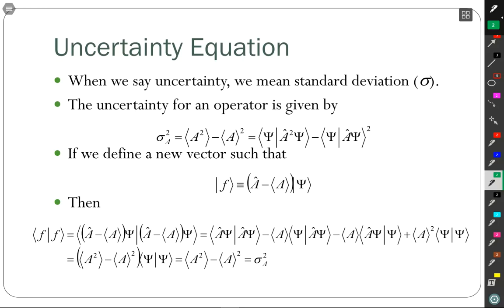So we start with, let's just take the definition of uncertainty, which is the standard deviation, which is what Chad said. It is related to expectation values by this relationship. The uncertainty squared is the expectation value of the operator squared minus the expectation of the operator quantity squared.